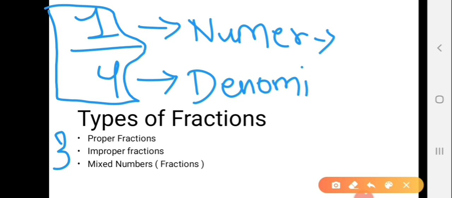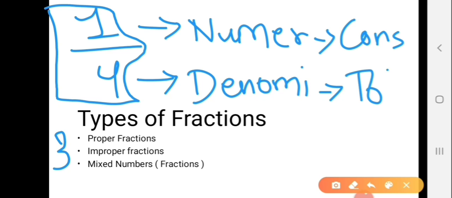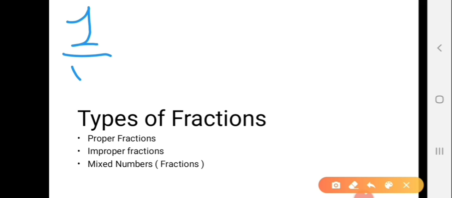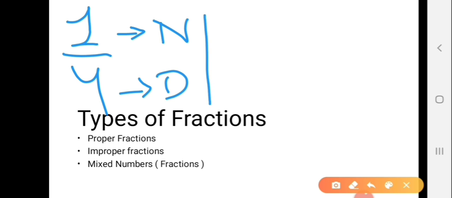The numerator represents the considered number of parts and the denominator represents the total number of parts. So this is the numerator, this is the denominator.